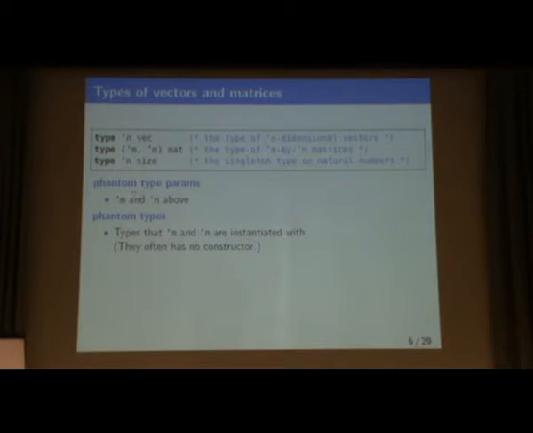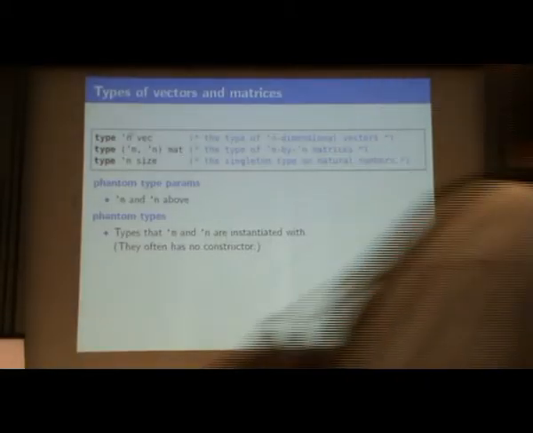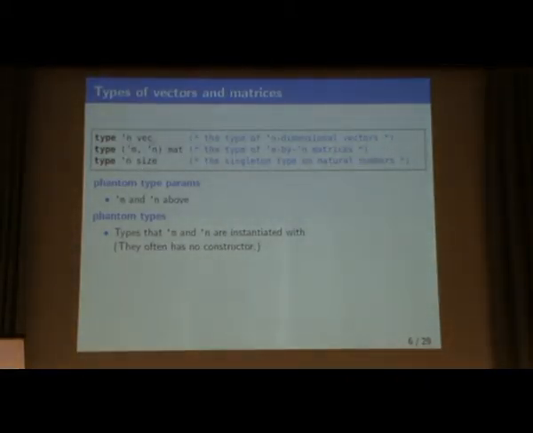So as usual, we annotate vector types and matrix types with size parameters, like this 'n is the size of these vectors, and this 'm and 'n are the sizes of the matrices, and so on. And also we have a singleton type for integers representing sizes. So the value of 'n size is supposed to be n.